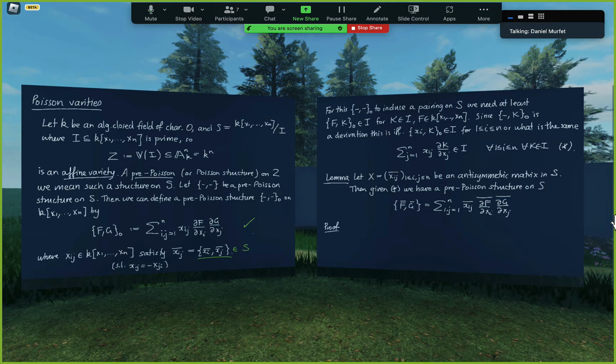So proof: the right-hand side, which is this by definition, well, that's a skew-symmetric biderivation. That is a pre-Poisson structure, as soon as it is well defined. That's the only thing we need to check.